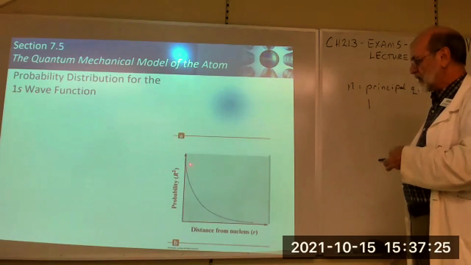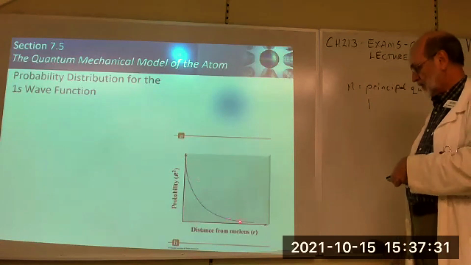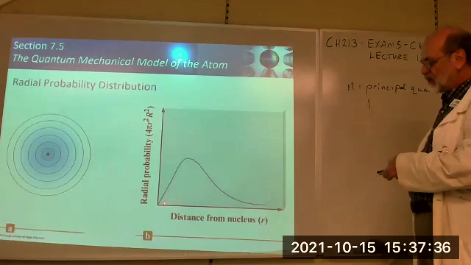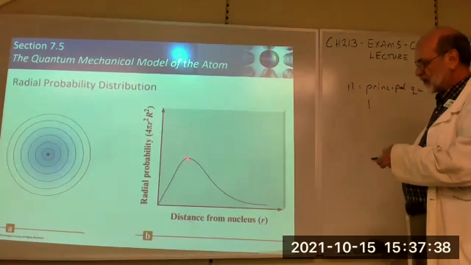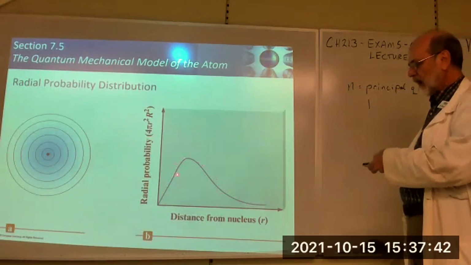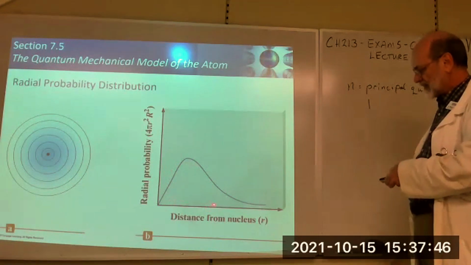The wave function says you're most likely to find your electron very close to the nucleus, right here, like that. But it won't be right at the nucleus. It'll be some distance away. And this is a probability curve, right? So the highest probability is right in this section right here at that distance.